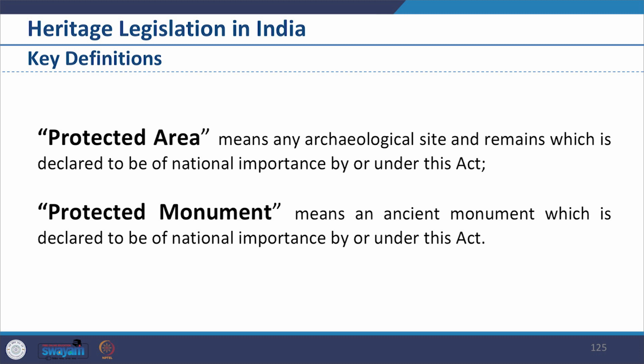So it is usually notified, declared, so that's how you determine the protected area. Then you have protected monuments, meaning an ancient monument which is declared to be of national importance by or under this Act. So these you may remember, protected area and protected monuments.